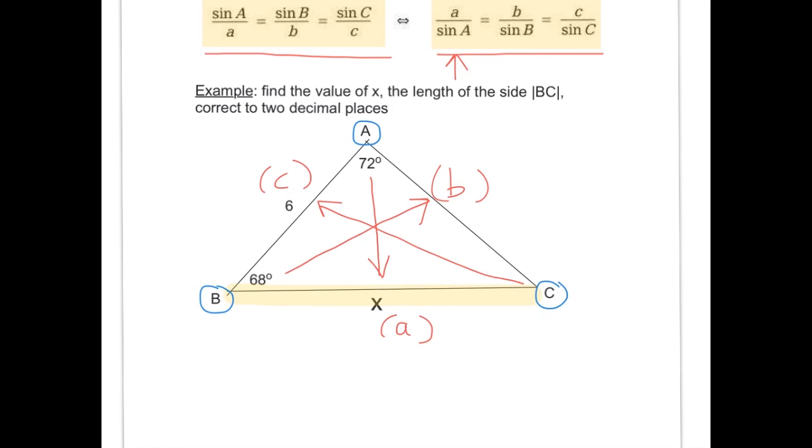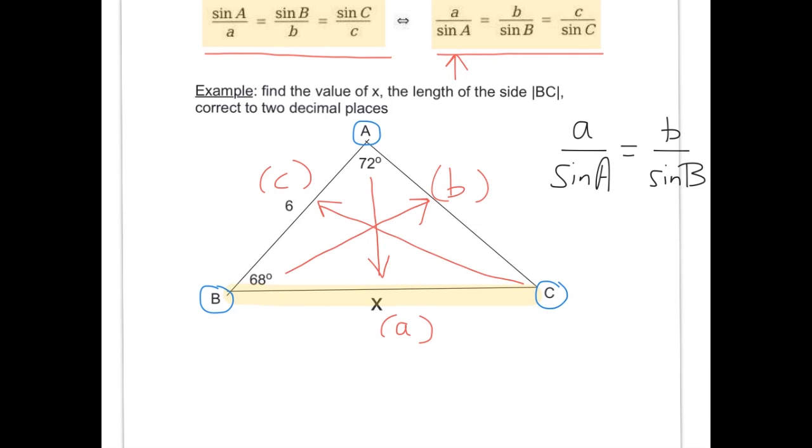So now we need to look at our formula and try to fill things in and see if we can work out what this length x is. So first, let's try a over sine A equals b over sine B. If we do that, we see that we have a over sine big A equals b over sine B. Now we can just substitute in the values that we know.